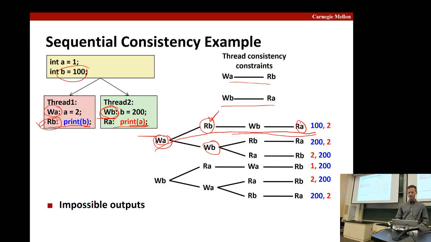So then the question is, what combinations weren't possible under sequential consistency? What's something that could not be printed? 101. Why not?